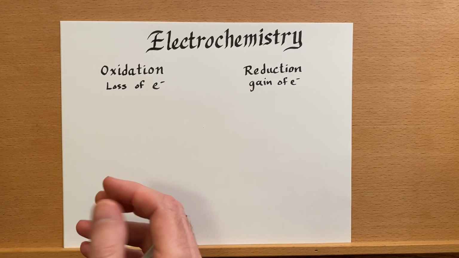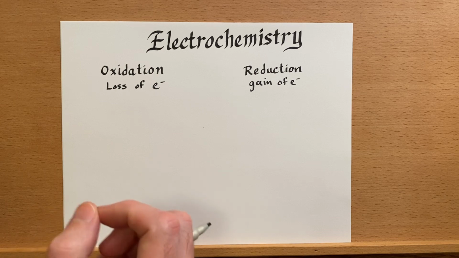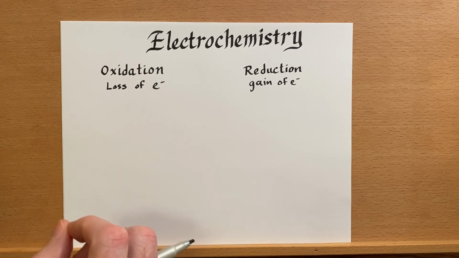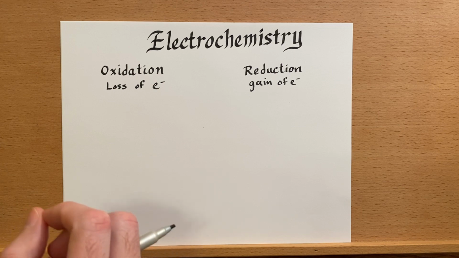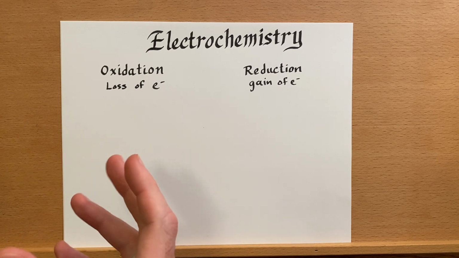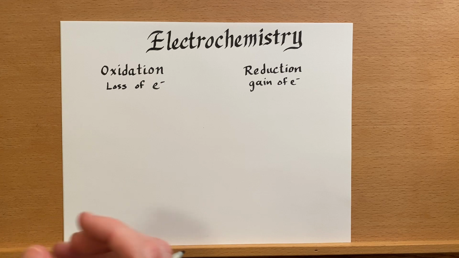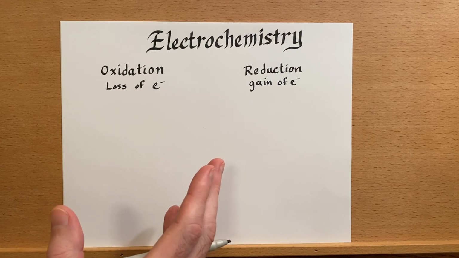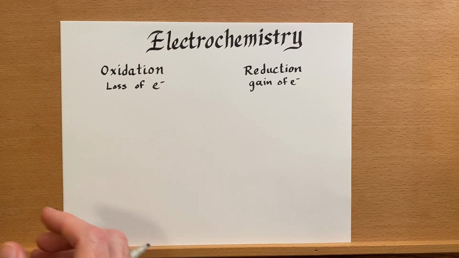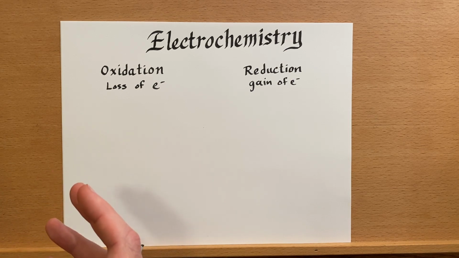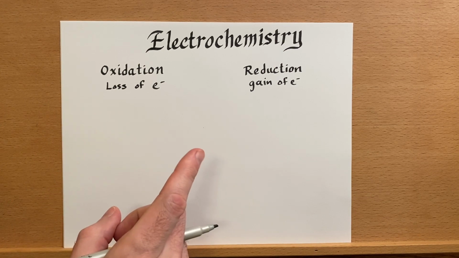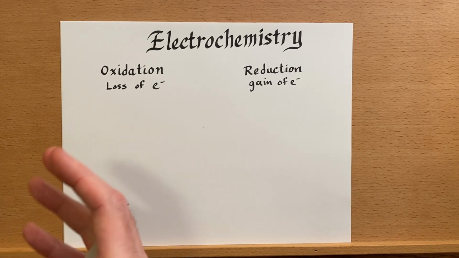With that in mind, there's a few other terms that we should talk about. There's so-called oxidation agents and reduction agents or reducing agents. Now, reducing agents are things that give electrons away, and so they are themselves oxidized, and they will cause another substance to be reduced. That's why it's called a reducing agent.